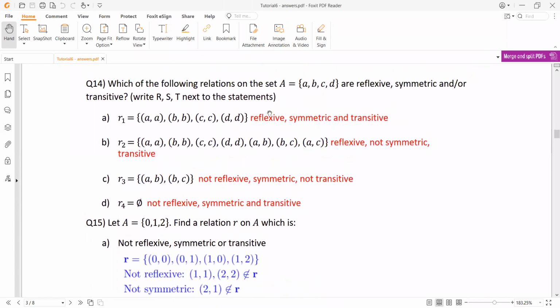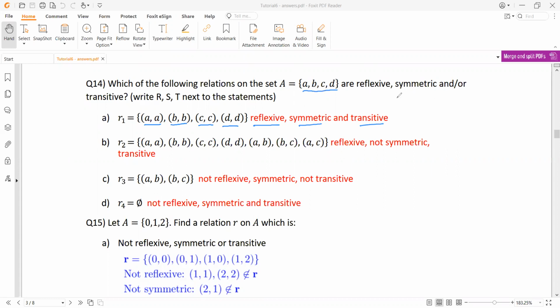So let's do question number 14: which of the following relations on the set A, which is {A, B, C, D}, are reflexive, symmetric, and transitive. This is my domain. I have A to itself, B to itself, C to itself, D to itself. So of course it is reflexive. Symmetric and transitive, we already know how to check.